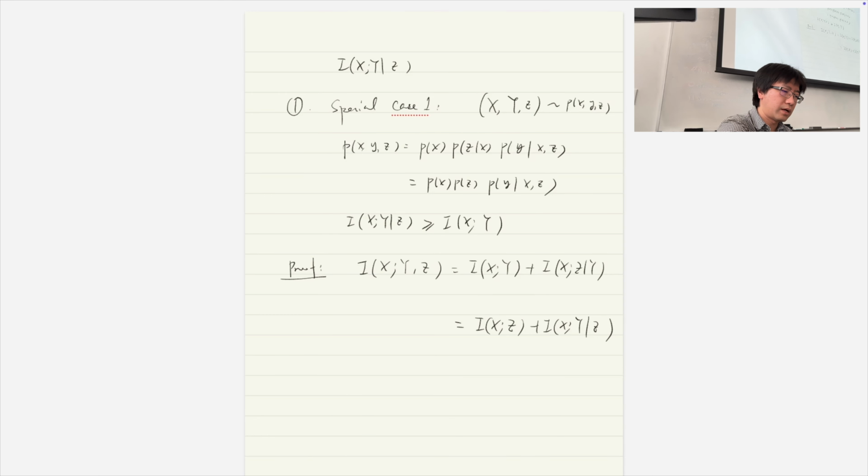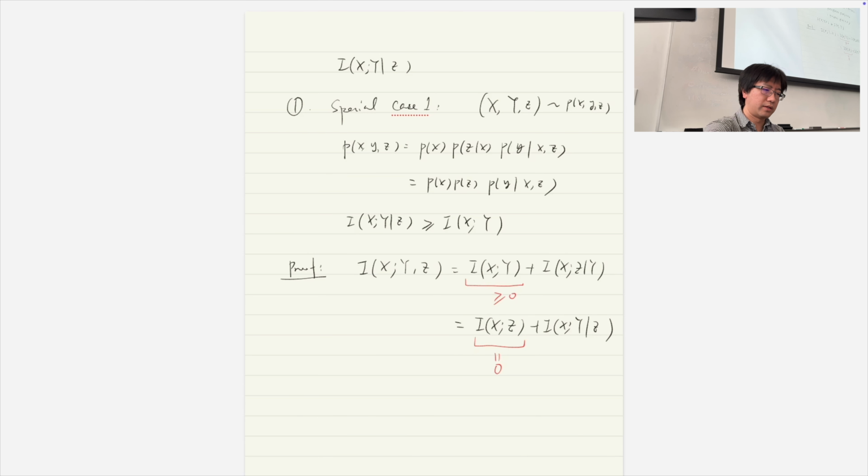Now it's pretty obvious that because x and z are independent, this mutual information is 0. And clearly, x and y may not be independent, so this mutual information is bigger than or equal to 0.